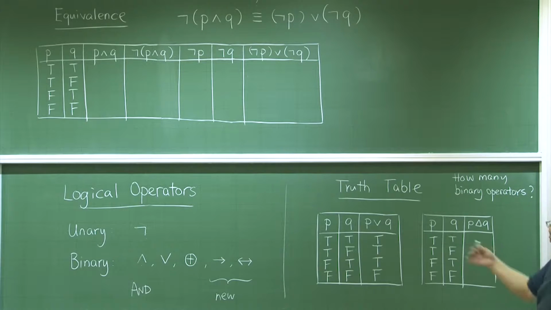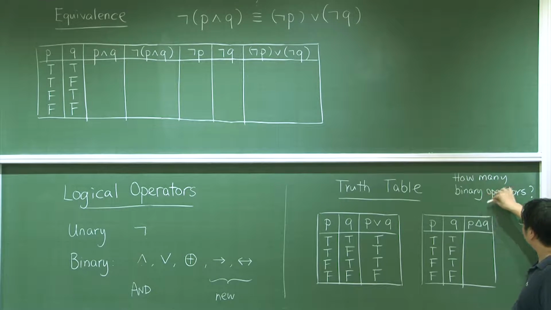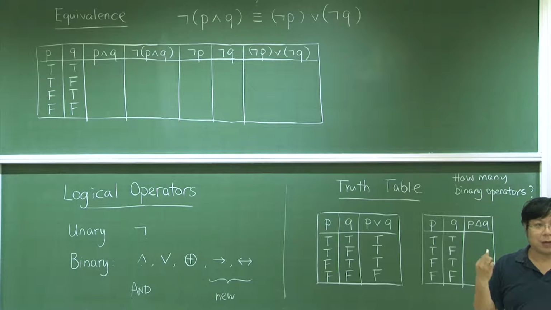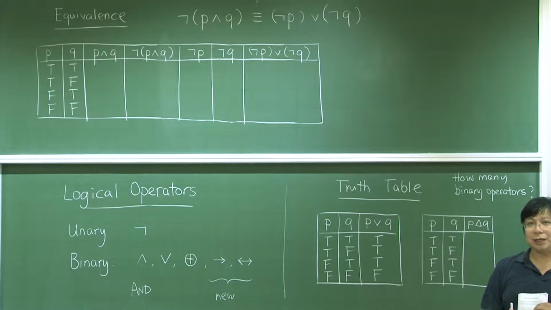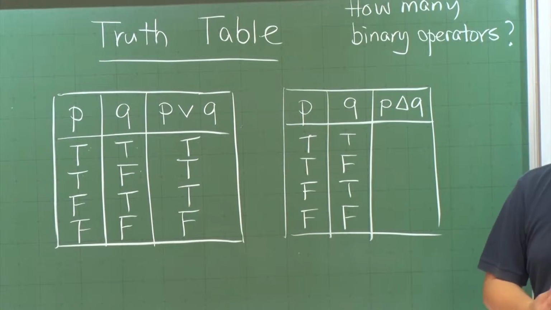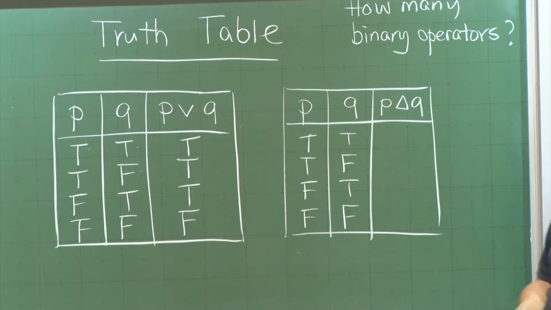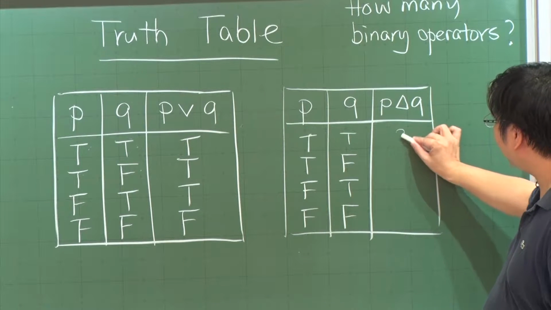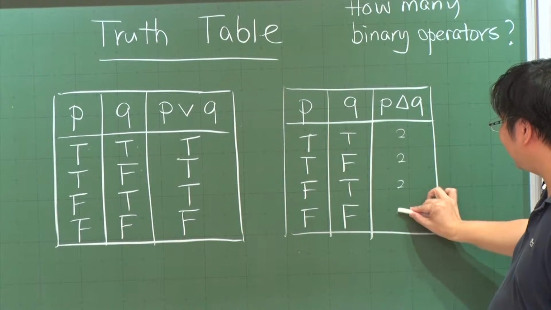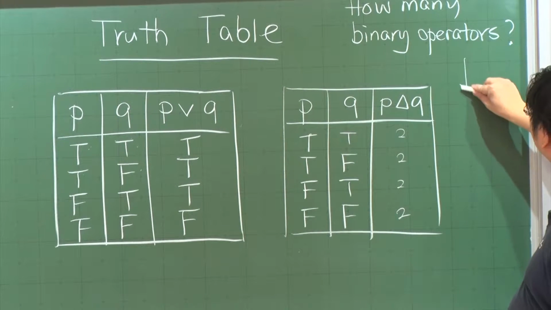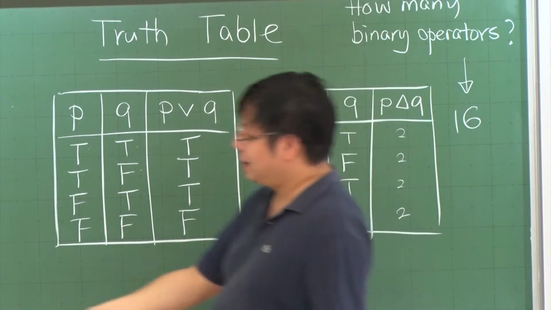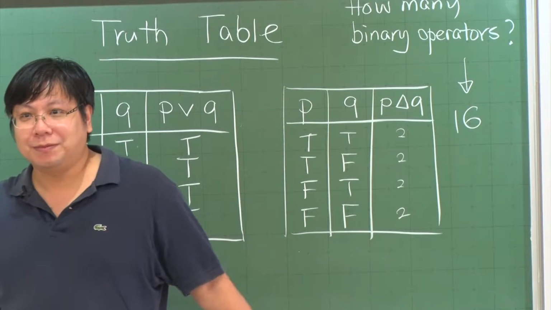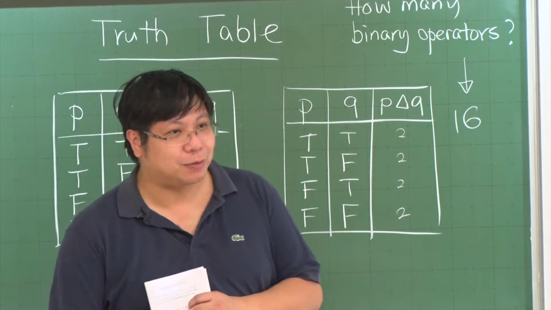Using the truth table, we can count how many binary operators we can find. There are two choices here, two choices here, two choices here, and two choices here, so there are going to be 16 different binary operators. We have seen three of them, and some are too trivial to discuss.